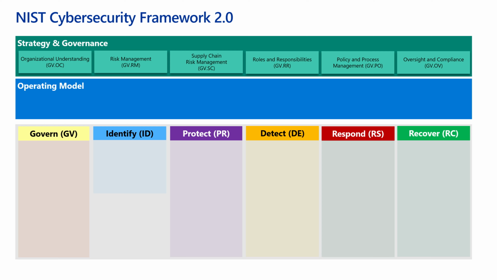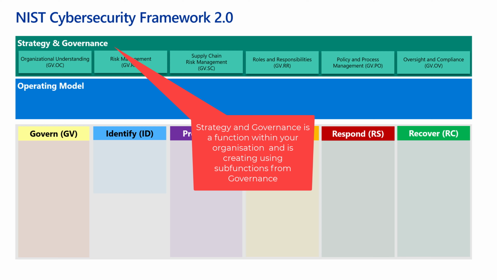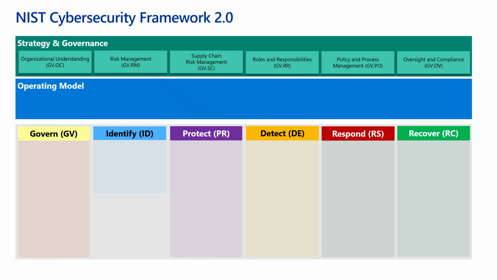It focuses on the organizational context, GV.OC, risk management, GV.RM, supply chain management, GV.SC, roles and responsibilities, GV.RR, policy and process management, GV.PO, and oversight and compliance, or GV.OV.